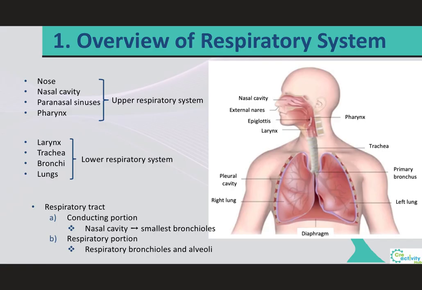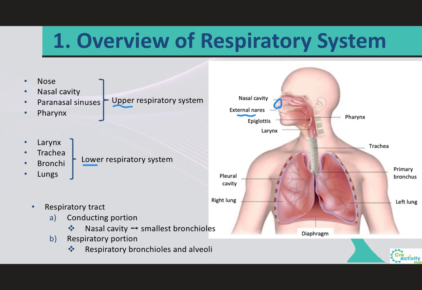First, let's do an overview of the respiratory system structures. Basically, we can say that the respiratory system is divided into two sections. We have what we call the upper respiratory system and the lower respiratory system. Within the upper respiratory system, we have the nose, which can also be called the external nares, as we see right over here.